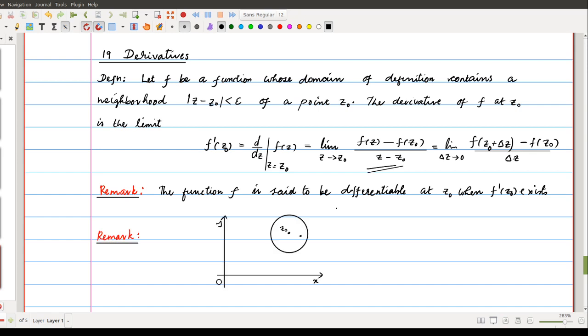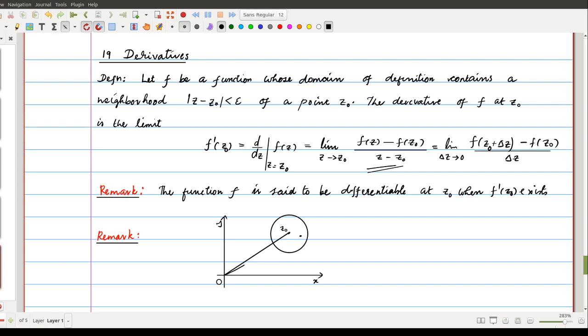If we look at this definition geometrically, you can consider this xy plane as the domain of f(z) containing a point z0, and we can write this distance as modulus of z0.